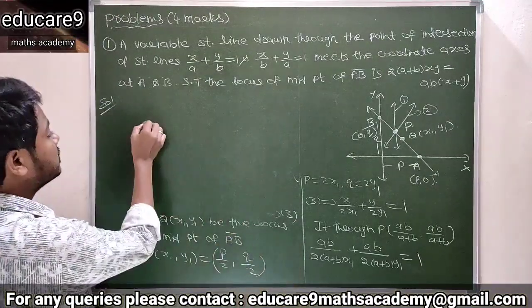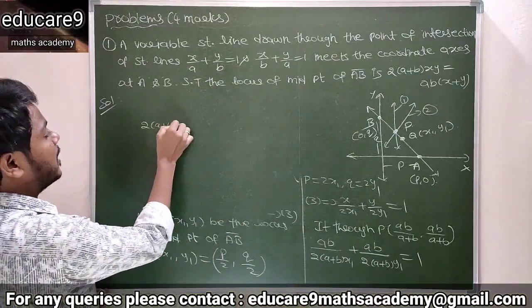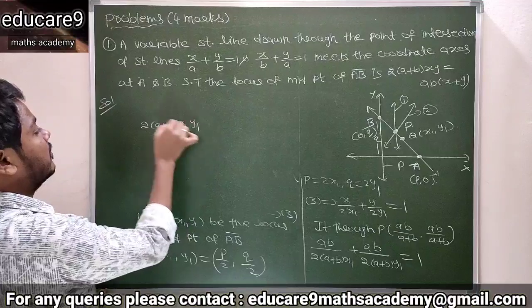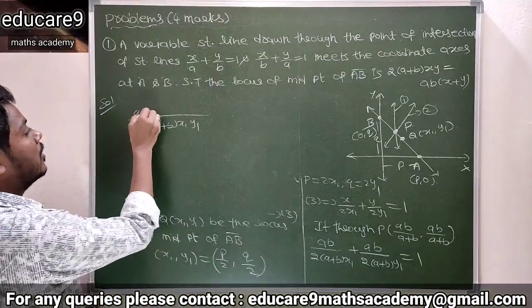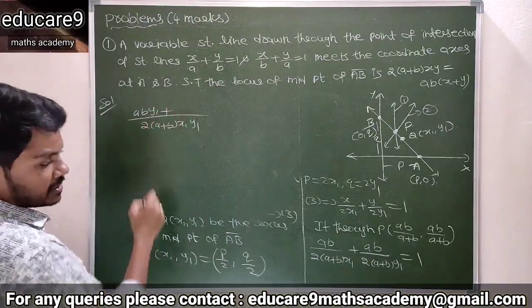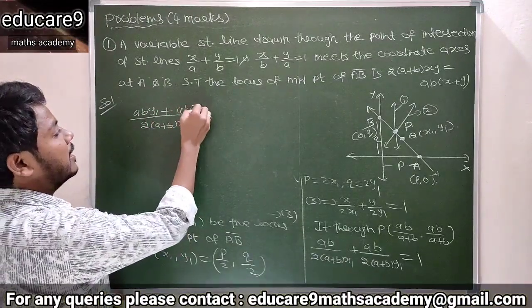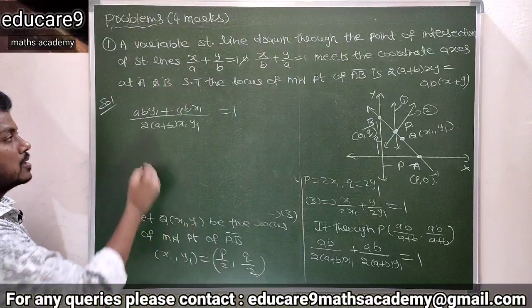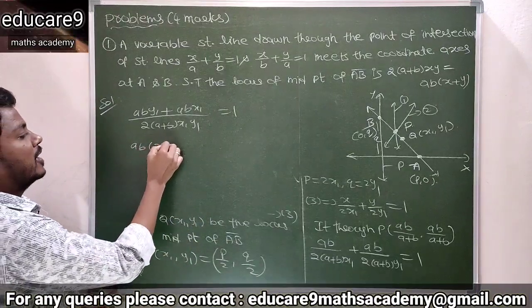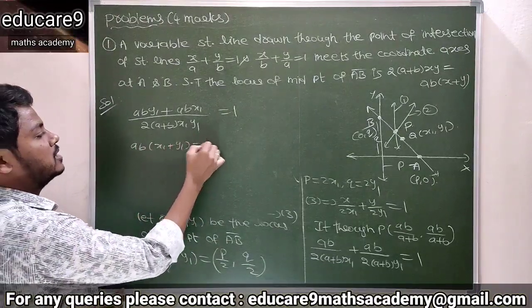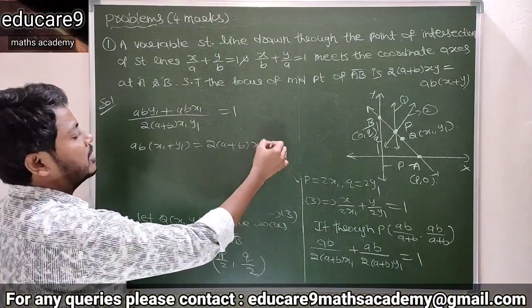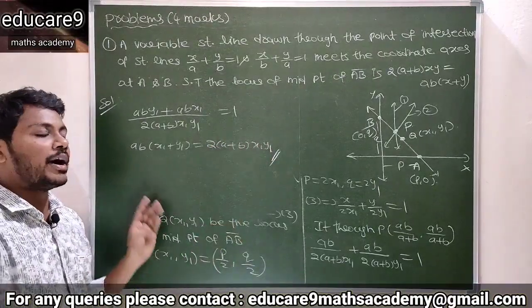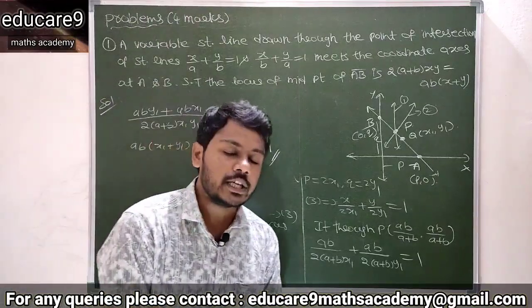What is the LCM? 2(a+b)x1y1. The numerator is ab y1 + ab x1 = 1 times the LCM. So this is ab(x1 + y1) = 2(a+b)x1y1. This is the required locus of the midpoint of AB.